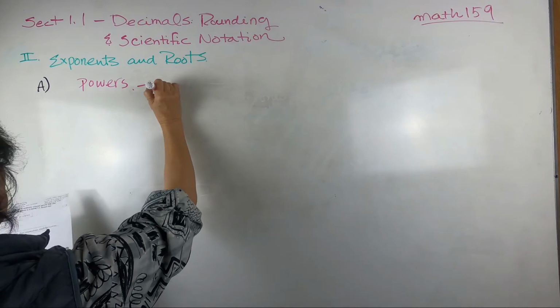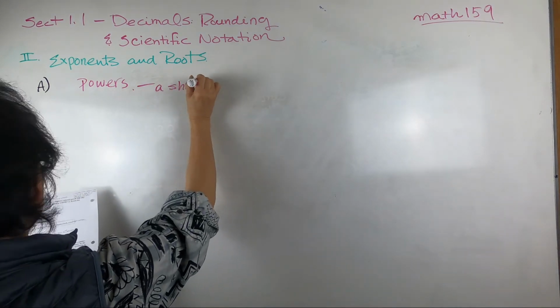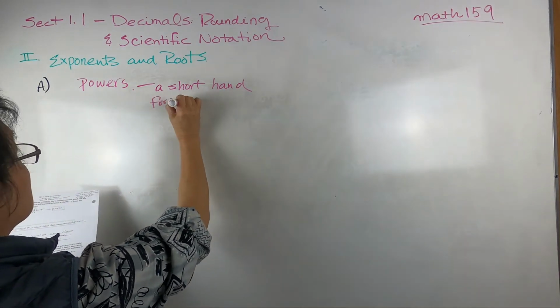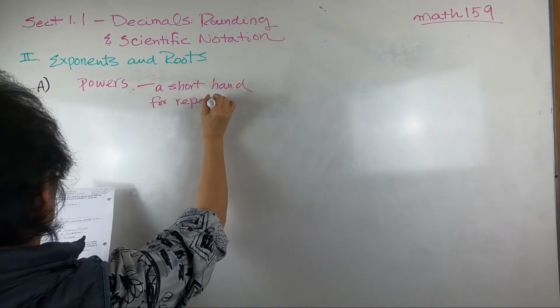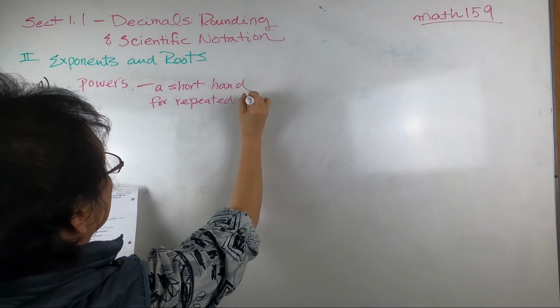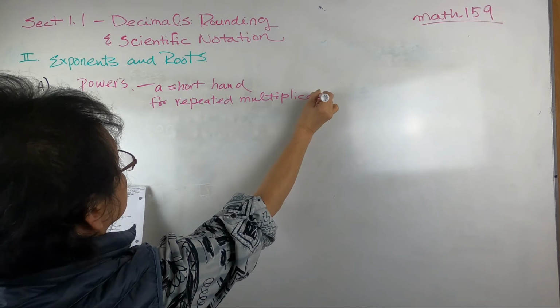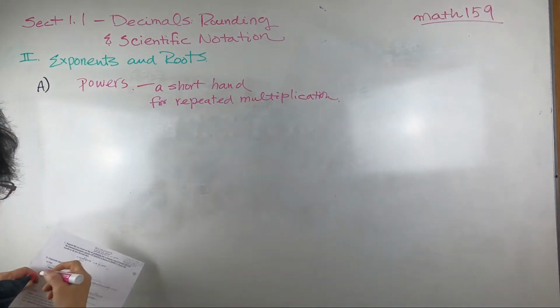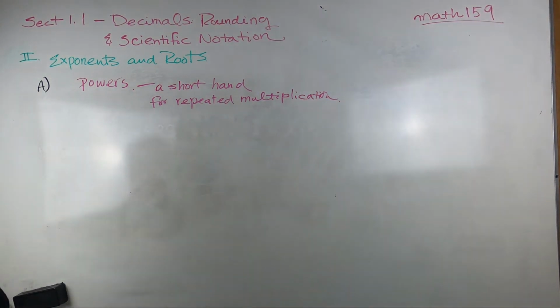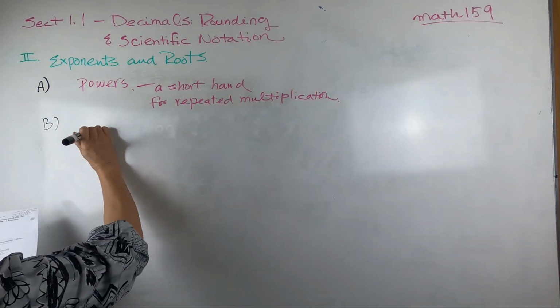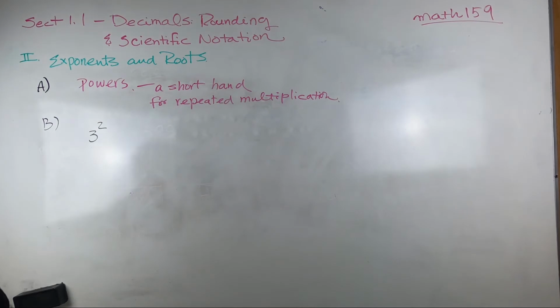So they are shorthand writing for the repeated multiplication. Let's see, what do we mean by that? If you look at some example, 3 squared.